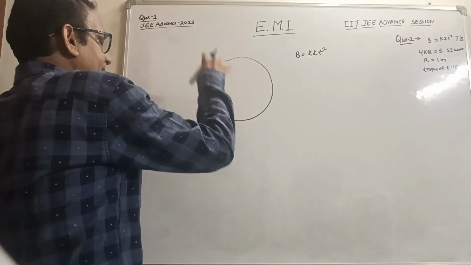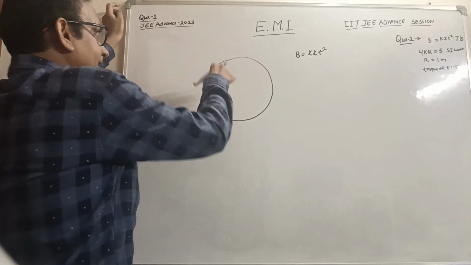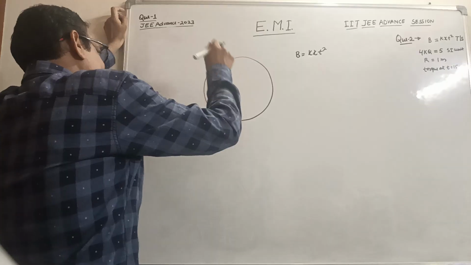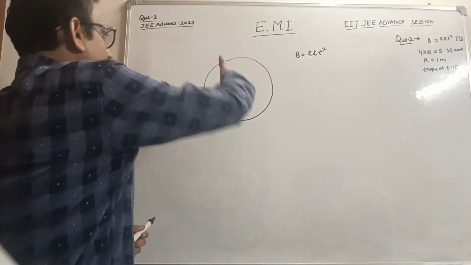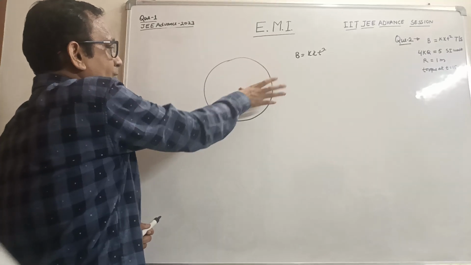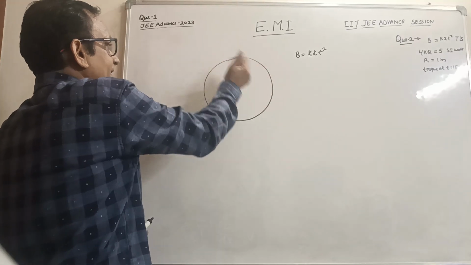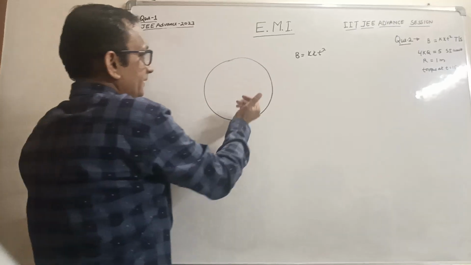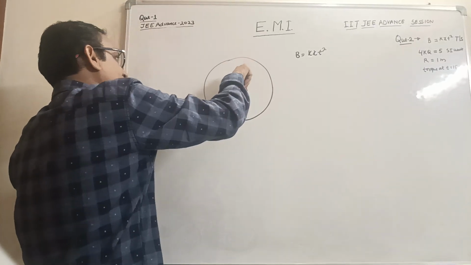So here the magnetic field is increasing. Suppose it is acting in the downward direction. The induced electric field would be in the opposite direction, because it opposes the increasing magnetic field.